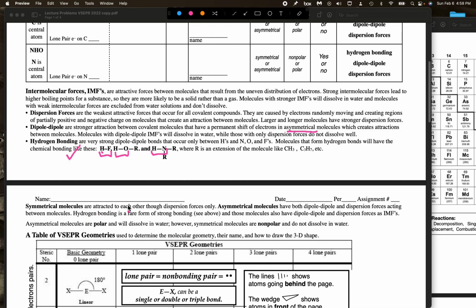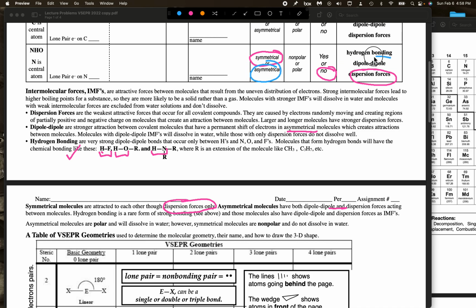If it's symmetrical, then it's only dispersion forces. So once you know that it's symmetrical, you will know that it's dispersion forces. Once you know it's dispersion forces, you need to know that it won't dissolve in water. Asymmetrical, let's switch colors here.